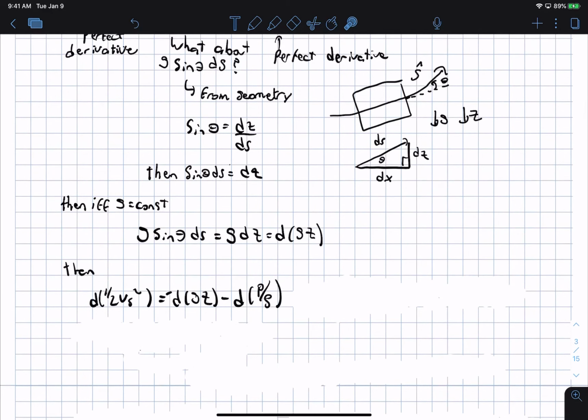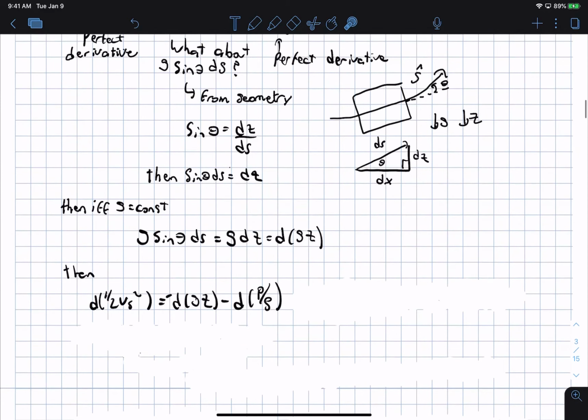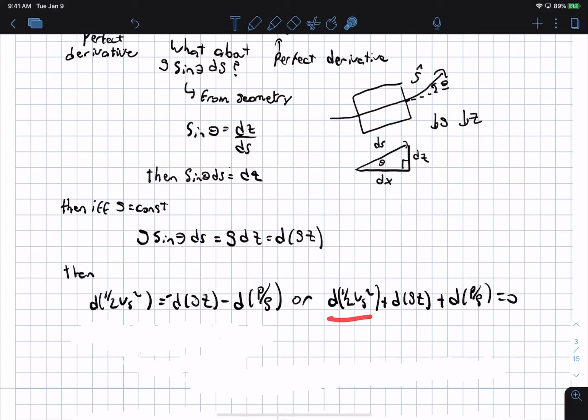So now you notice we have perfect derivatives for every single term. So I'm going to move everything to one side. So, this is equivalent to d of 1/2 v squared plus d of gz plus dp over rho, and that's equal to 0. These are all perfect derivatives and they're added together.